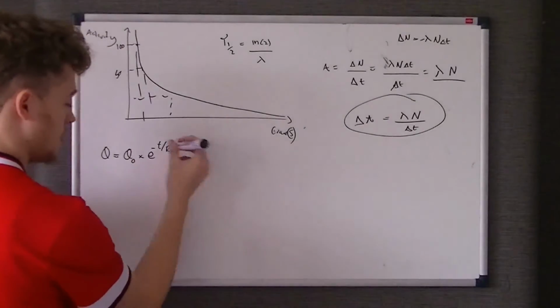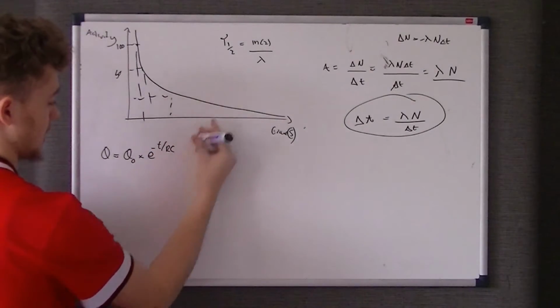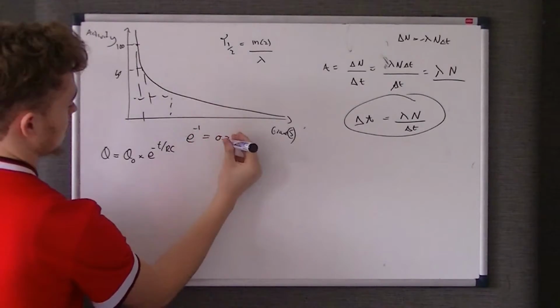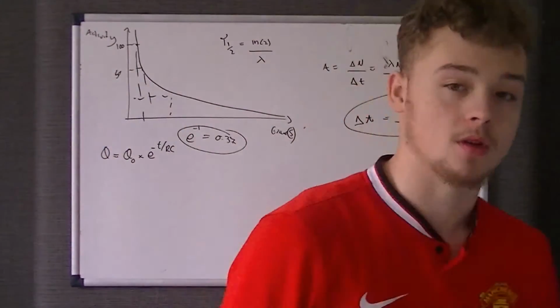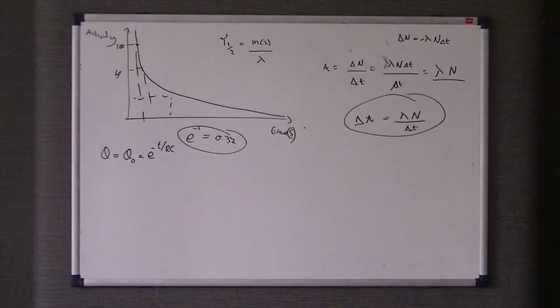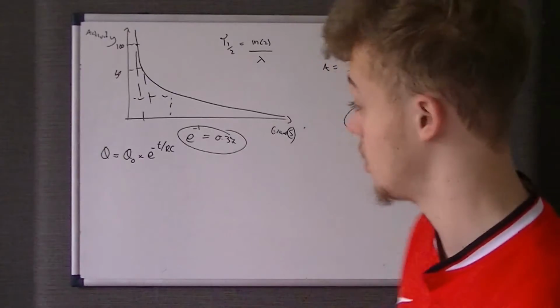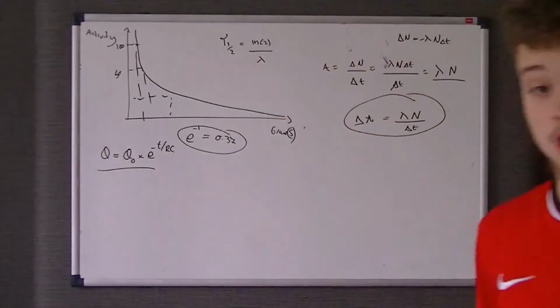When t was equal to RC, we had e to the power of -1, which if you work it out is 0.37. So for every time constant there's a 37% difference in the charge. And because it's an exponential, we'd need 5 time constants to totally discharge it. And this equation only works for discharging a capacitor.